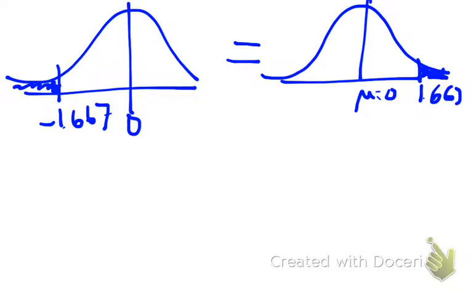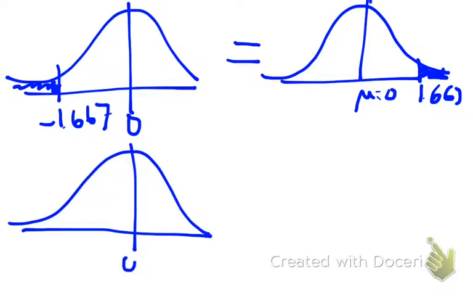Okay, so those two areas, the positive and negative areas, will be the same. They're both talking about the tail with the same Z value, just one is below and the other is above the mean. So our probability tables are going to give us between 0 and 1.667. If you look at the graph on it, it's going to shade in here. This is the area that will find for us.